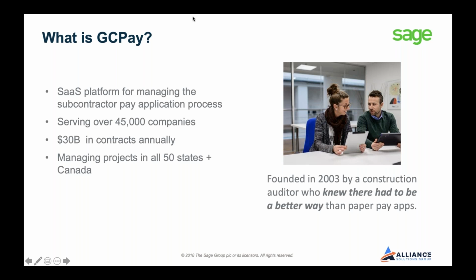Luckily for him, his brother-in-law was a software engineer, so they teamed up to officially launch beta GCPay in 2004, when our first beta customer was actually a Sage 300 CRE user. So just so you know, the relationship between GCPay and Sage has been going on for over 15 years. At this point, it's very strong integration-wise and partnership-wise.